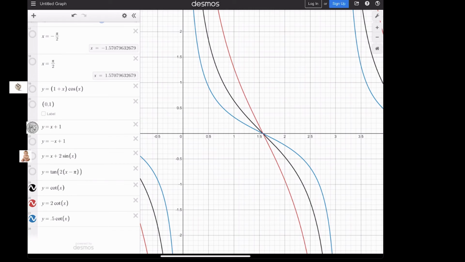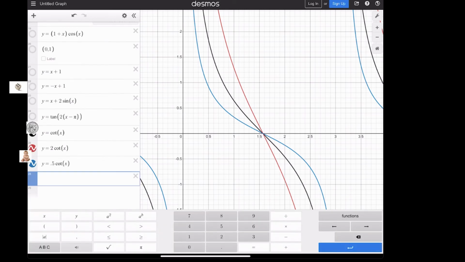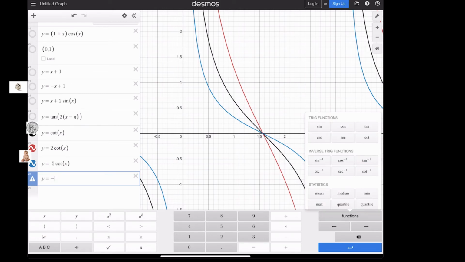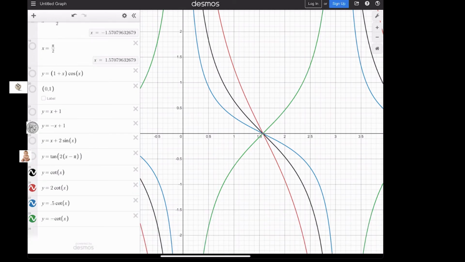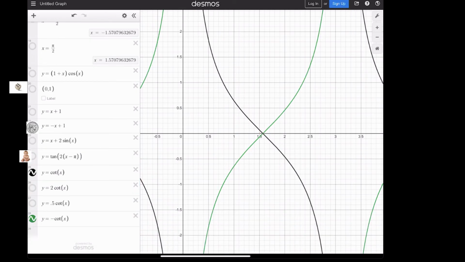We don't have to spend our days trying to plot those different details. The second you put a negative, y equals negative cotangent, what do you guys notice? If I get rid of the skinny and sharp, you guys notice that it's reflected about the x-axis with the negative sign. So that coefficient has a lot of meaning for us that we look at, okay?